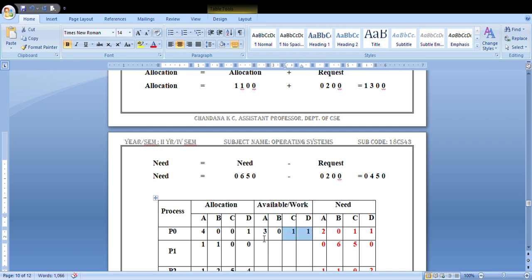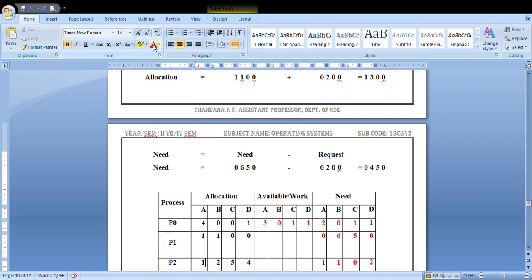Here you are not taking it only for the P1 process, this is the initial available value. Here you are going to change the value for P1 process, only for P1 process. What is the total allocation value for P1 process?